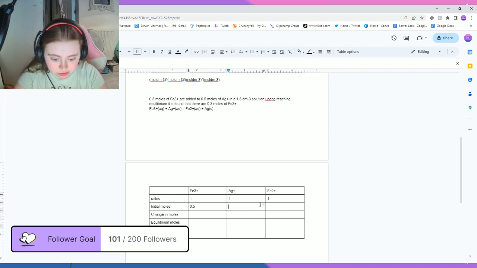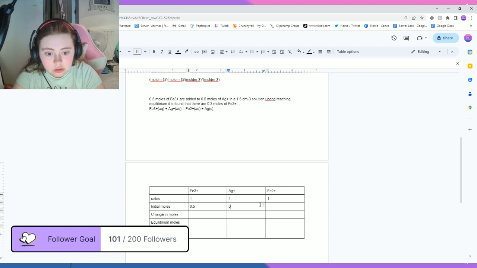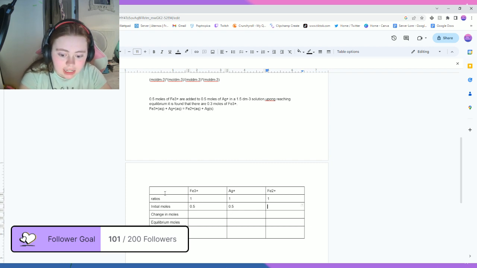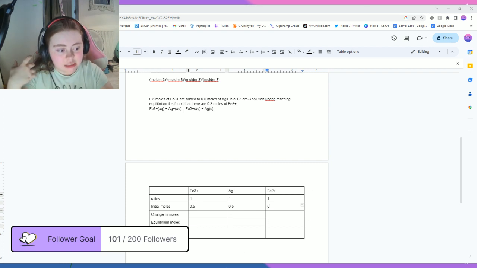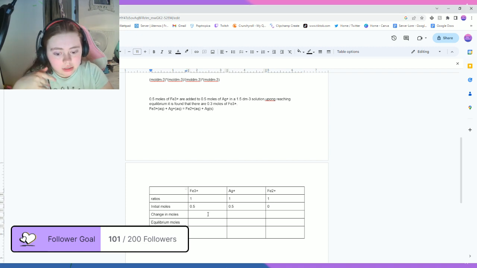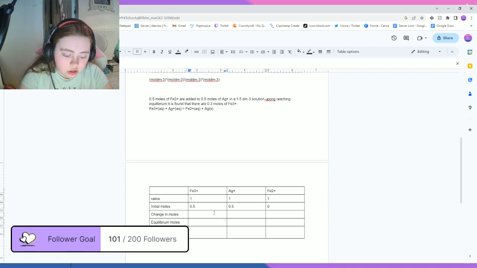The initial moles for Ag+ are also 0.5. And the Fe2+ initially hasn't been made because it's a product, so there are no initial moles of that.